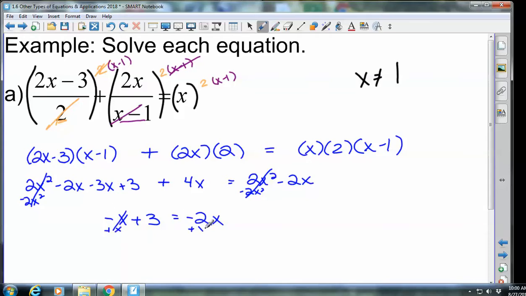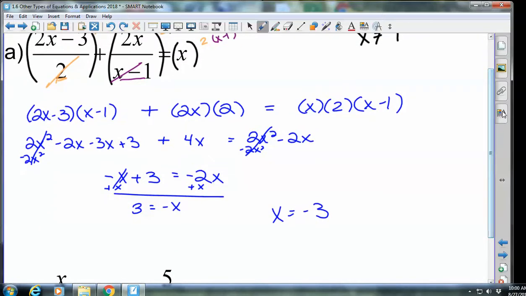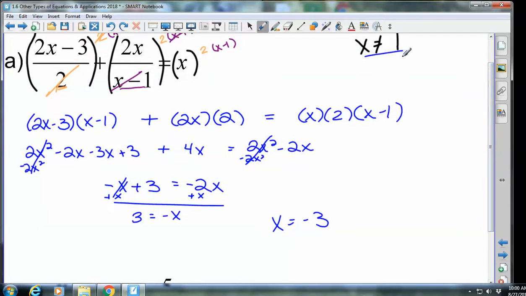I add my x over. I get x to be. Is that an okay answer? The only rule I had was that x couldn't be 1.